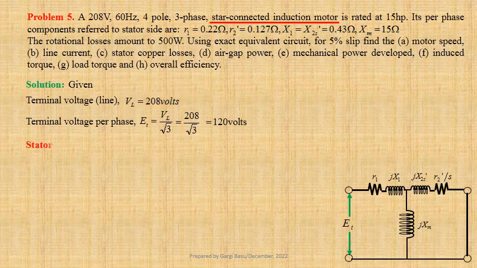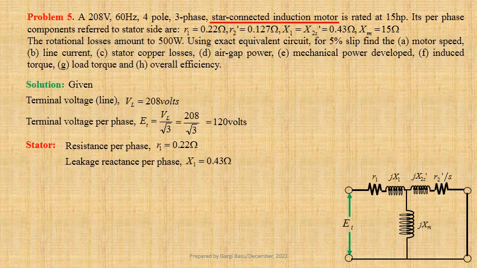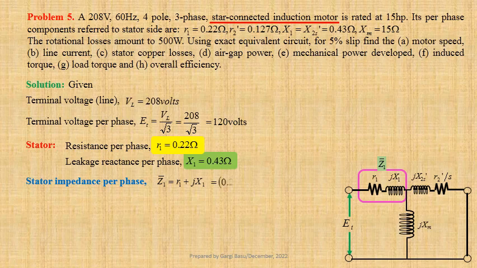For stator winding, given resistance per phase R1 equals 0.22 ohm and leakage reactance per phase X1 equals 0.43 ohm. Expression for stator impedance per phase Z1 equals R1 plus jX1 equals 0.22 plus j times 0.43 ohm.